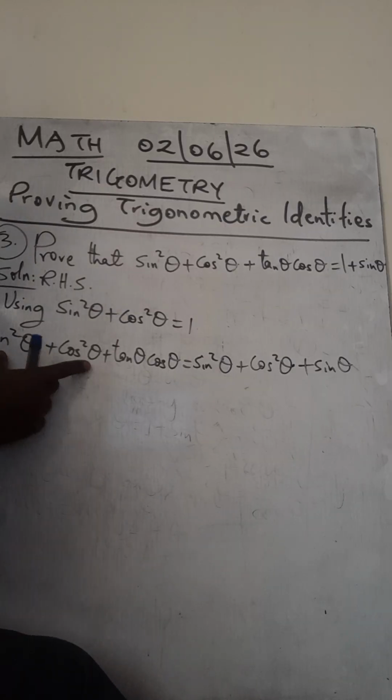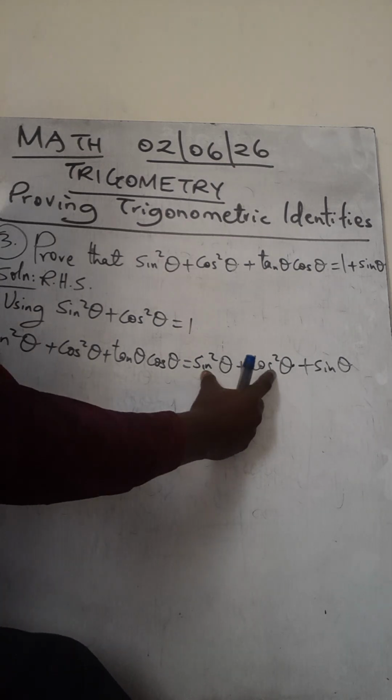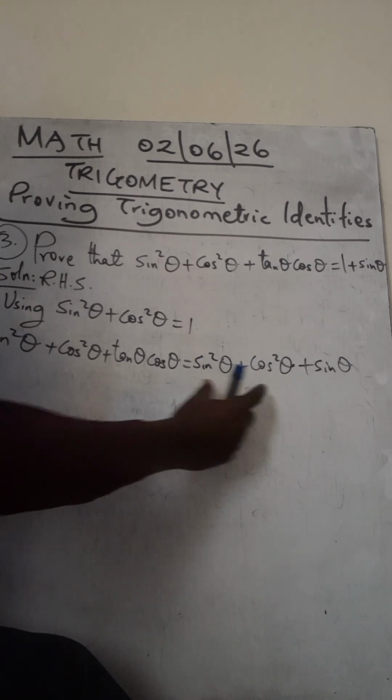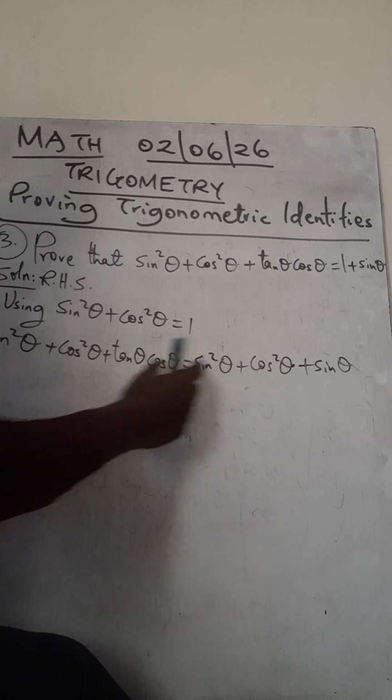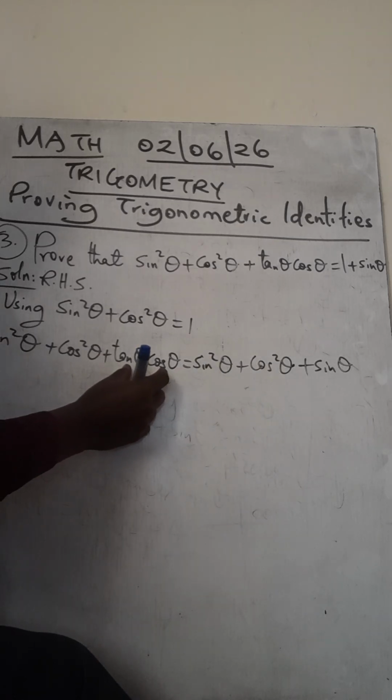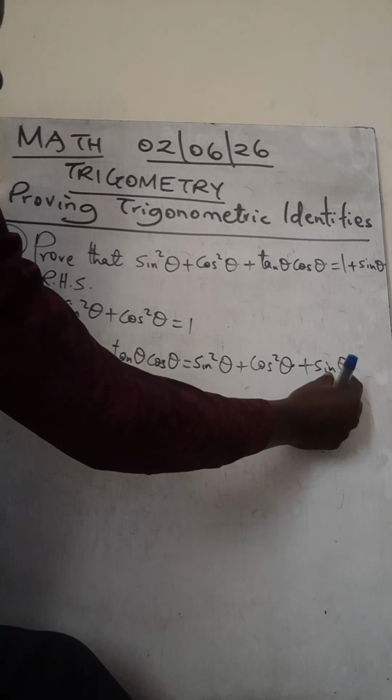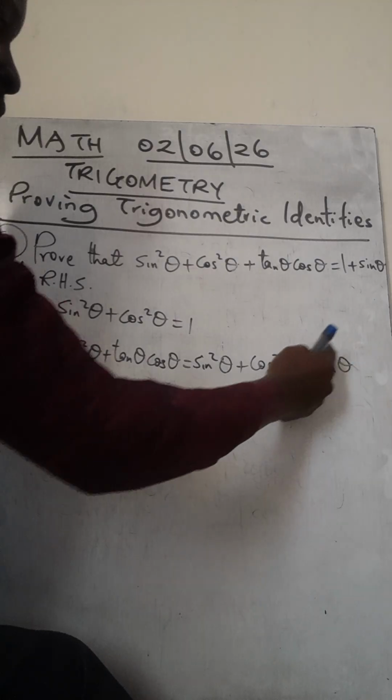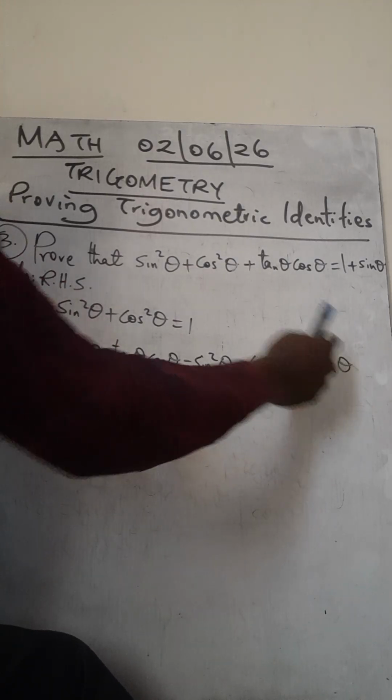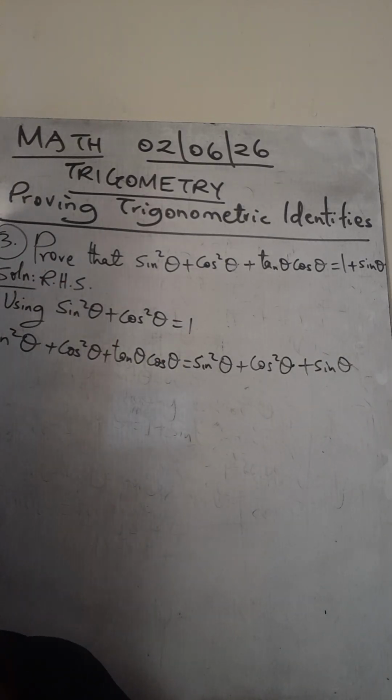Now that this part, at least they are the same as this part. This part and this part are the same. So what I'm left with is this part, to show that this part equals this part. So I will think of a way to also manipulate this. How can I manipulate that?